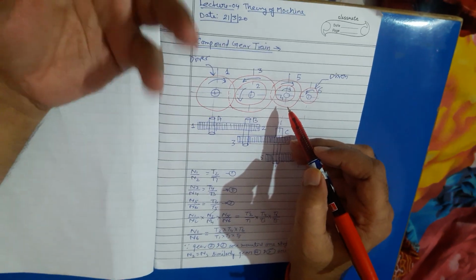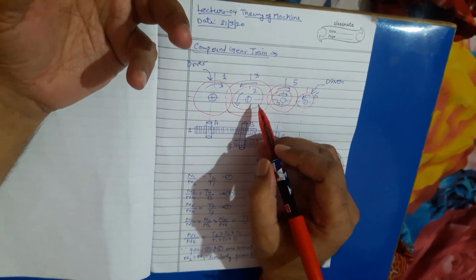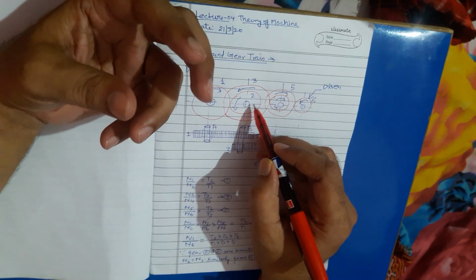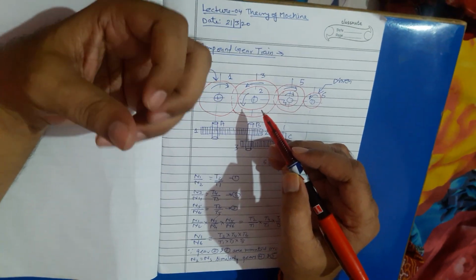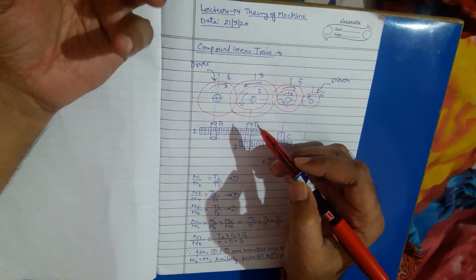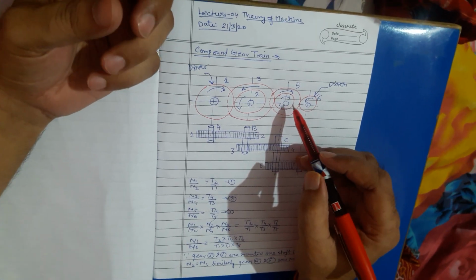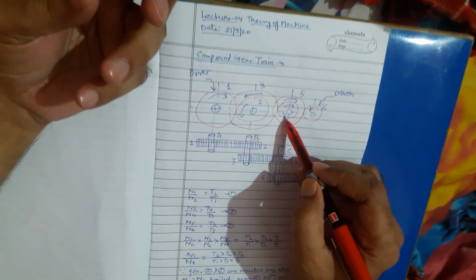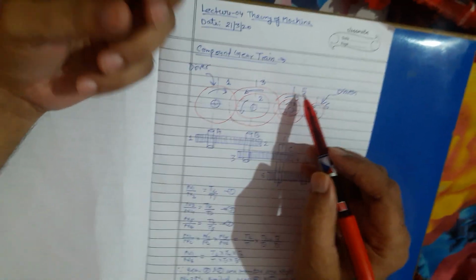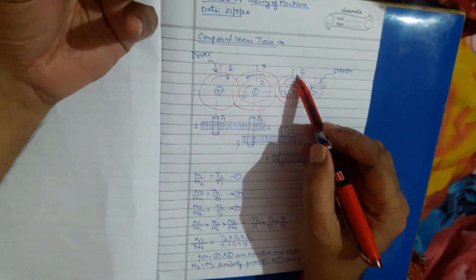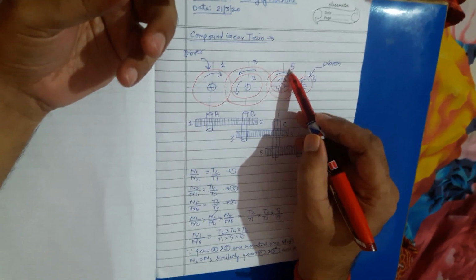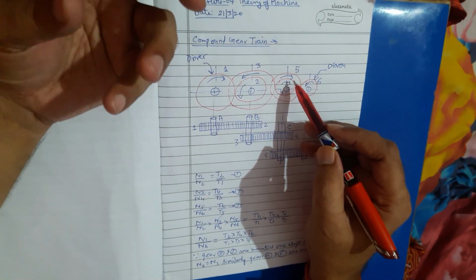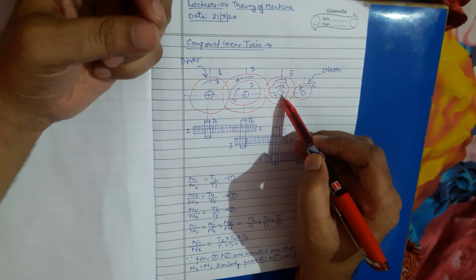So in other words, you can say the revolution of gear number 2 and the revolution of gear number 3 are equal because they are mounted on the same shaft. Same as when we are talking about gear number 4 and gear number 5, the revolution of gear number 4 equals the revolution of gear number 5 because they are mounted on the same shaft.